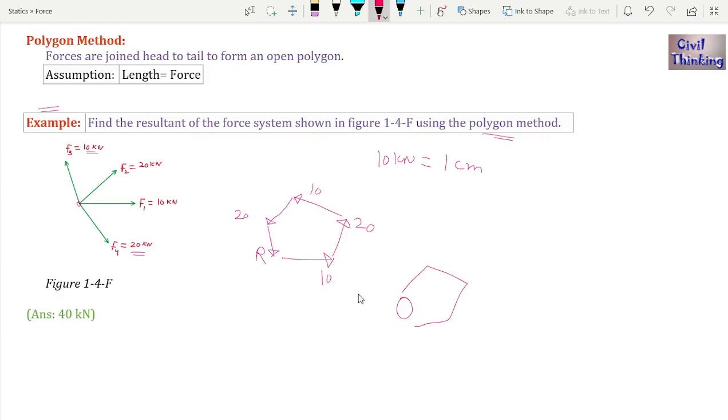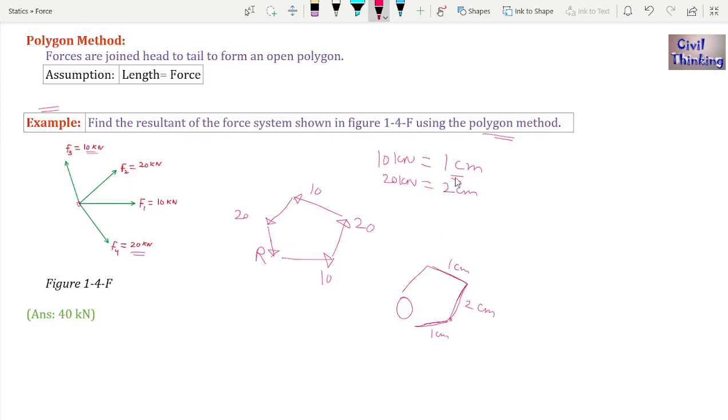Let us assume, because 10 kilonewton is 1 centimeter, from here to here it is 1 centimeter. Then 20: when 10 kilonewton is 1 centimeter, it means 20 kilonewton is 2 centimeter, right? So let us assume from here to here it is 2 centimeter. Now 10, from here to here it is 1 centimeter.